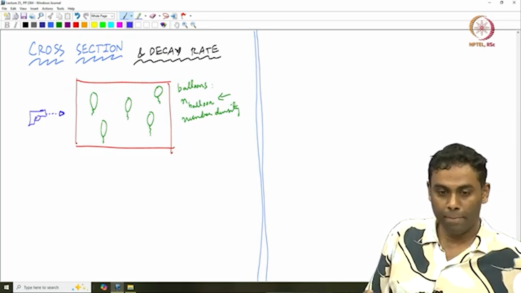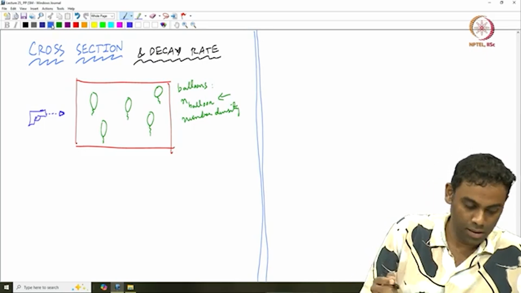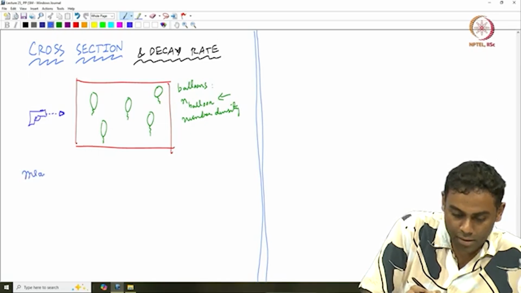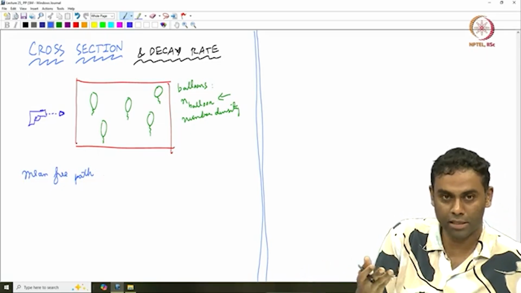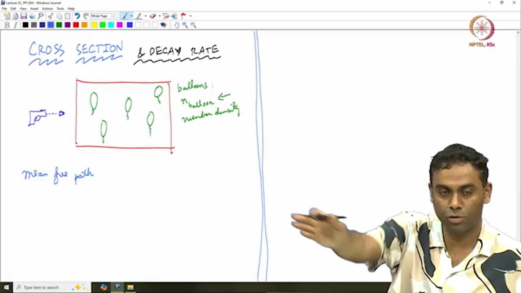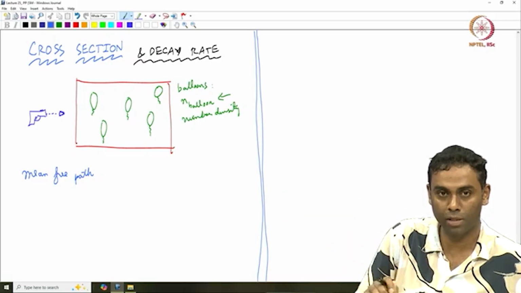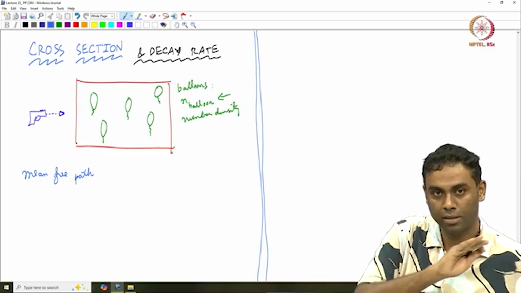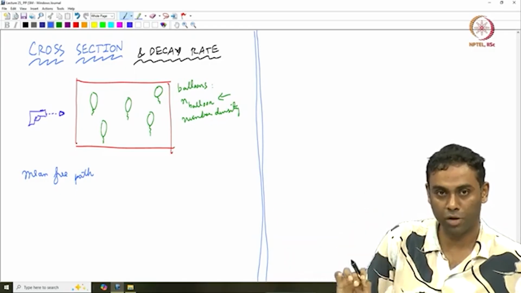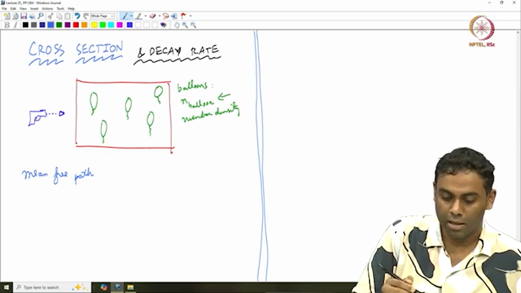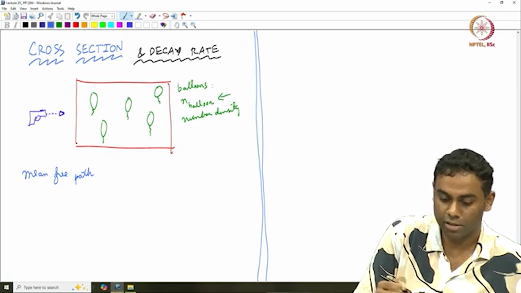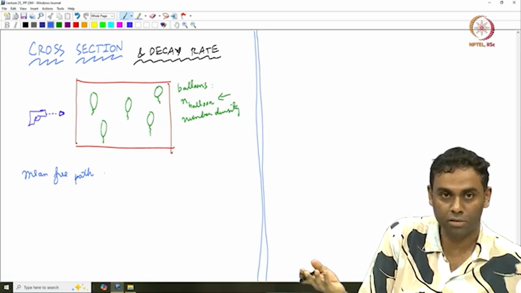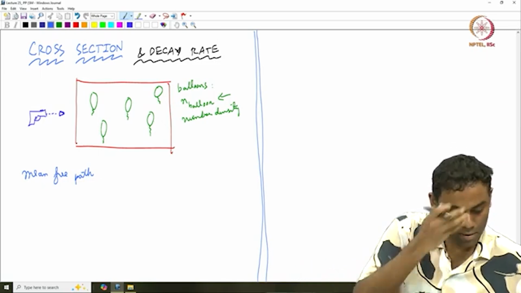Would you now agree that the mean free path of the bullet as it hits the balloon, so it's now going to keep hitting the balloons as it goes along, right? Nothing is slowing down the bullet. The balloons are not going to slow down the bullet. It flies through and hits the balloons along the way, right? The mean free path is literally what it says: the average distance between two hits, right?